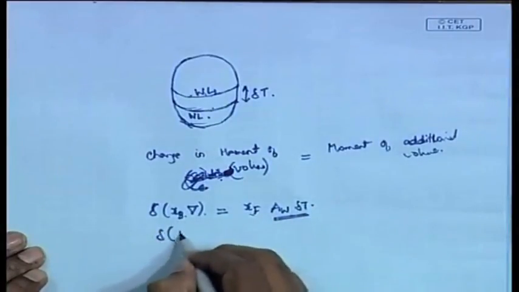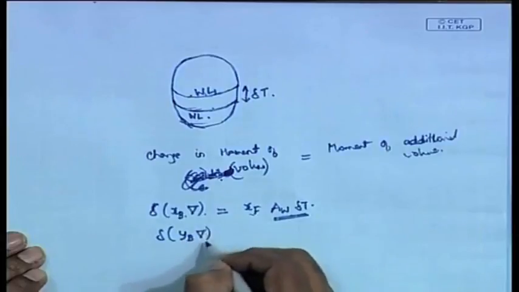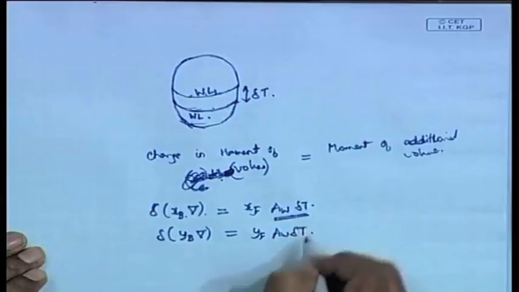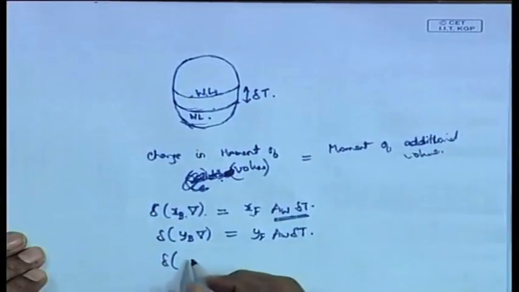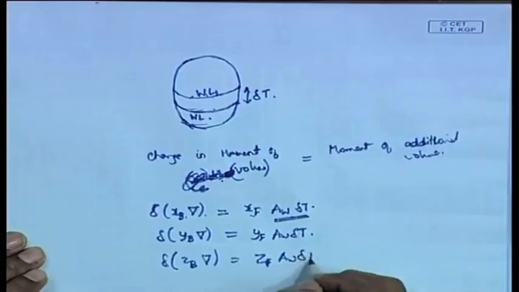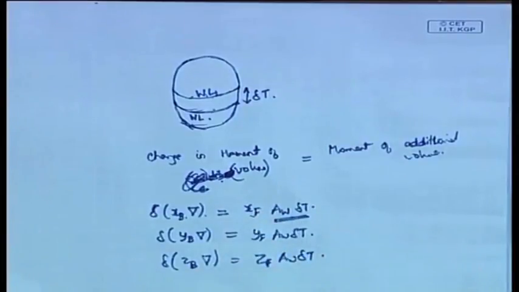Similarly, you will have delta of y b into del equals y f A w delta t, and delta of z b into del equals z f into A w into delta t. So, you have three formulas here.